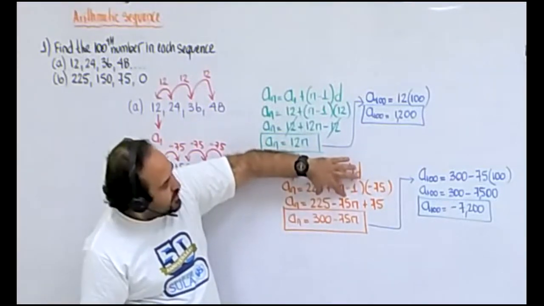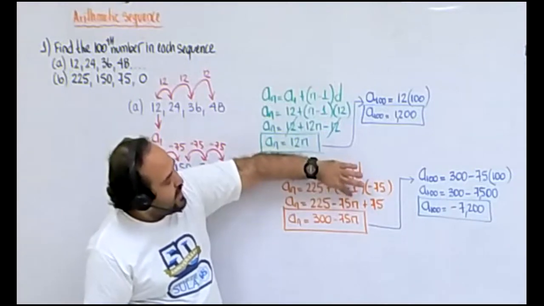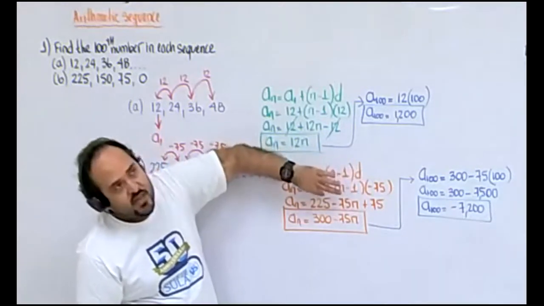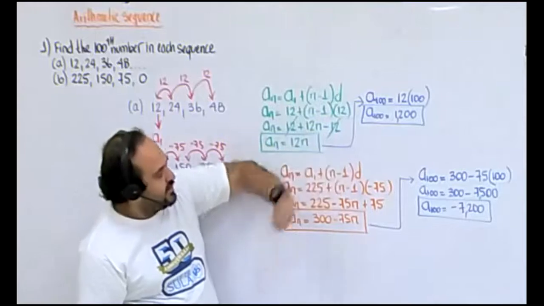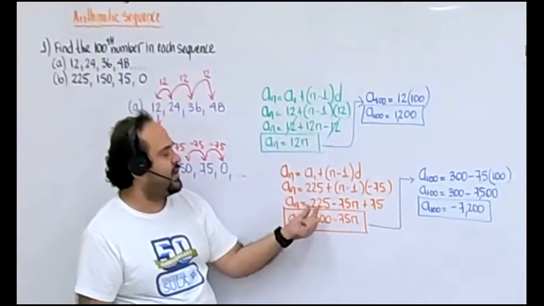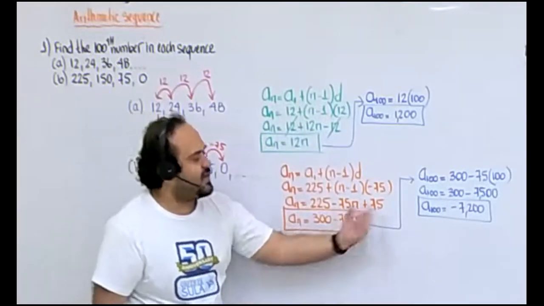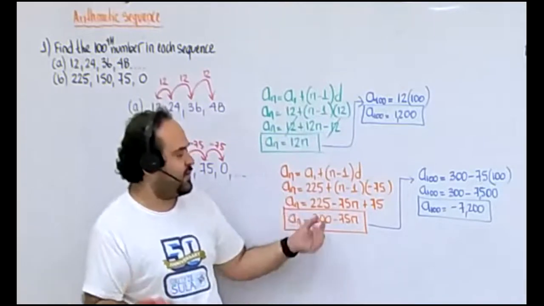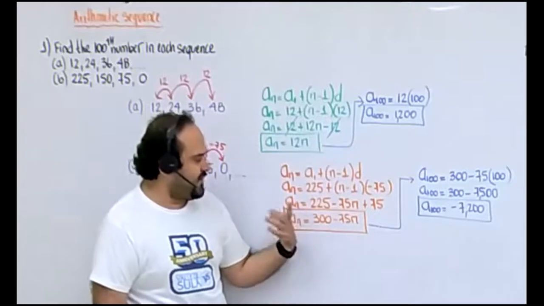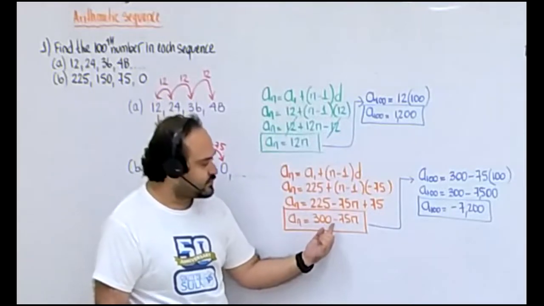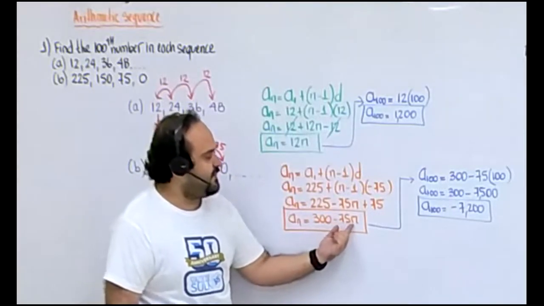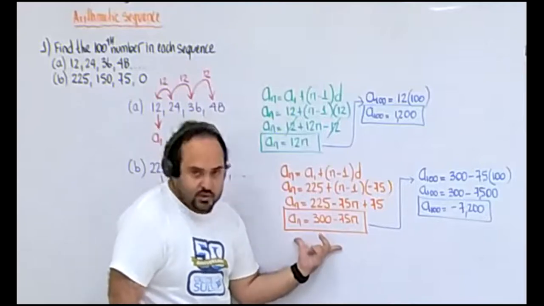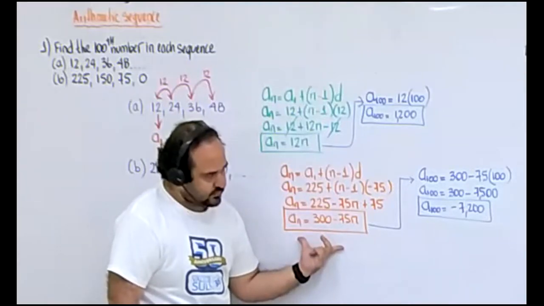We cannot combine the term with the variable and the number without one, because this is not like terms. Like terms are the numbers 225 and 75 because both are numbers and they don't have variables. For that reason, we have the expression 300 minus 75n. Understood this part?